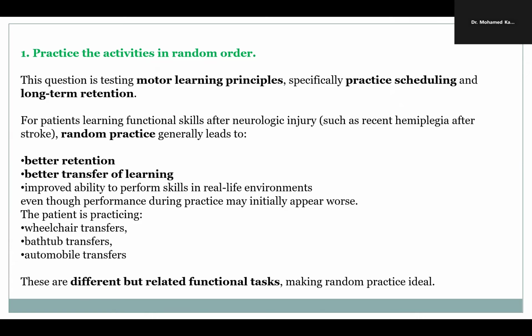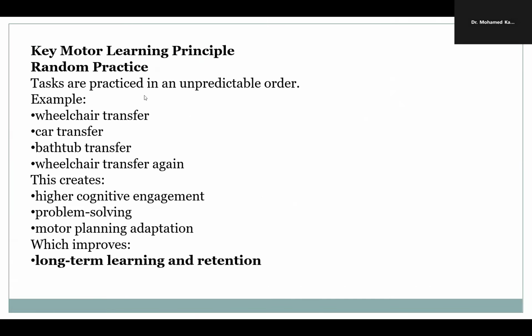When we make these functional tasks a random practice strategy, this is the ideal situation to improve retention and transfer of learning later on. Let's look at the incorrect options. But before we look at the incorrect options, let's talk about the key motor learning principles. What we mean by random practice.